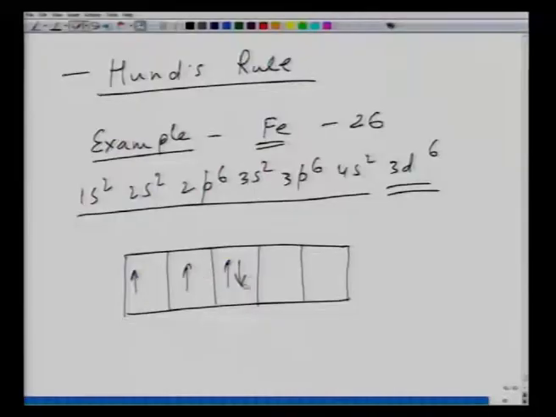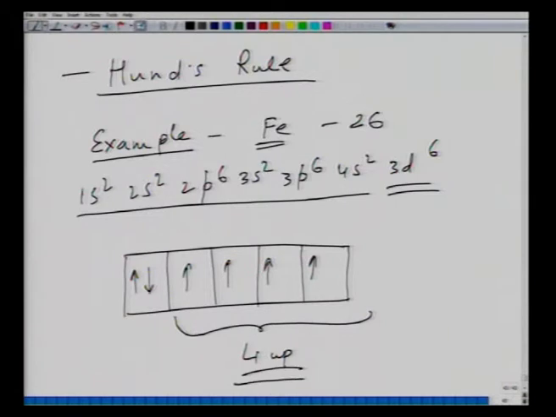Now, what Hund's rule does is it allows the 5 subshells to be filled first with one spin direction. So, 5 up go in the 5 unfilled subshells and then the one remaining goes in one of these. As a result, what you have is 4 up, and this 4 up gives rise to 4 mu b of magnetic moment in iron.